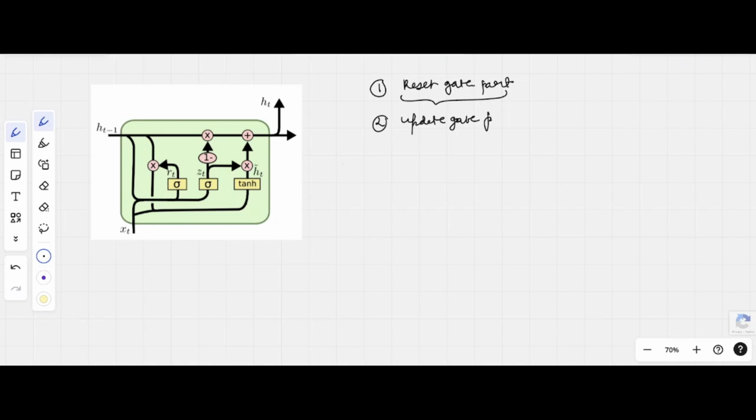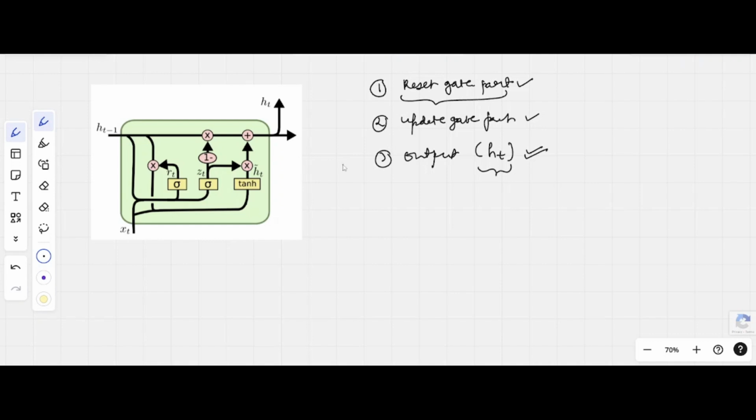And finally, we will see how the output is coming. And what's the output here? Hidden state that contains both the short-term context plus the long-term context. So we will see how the reset gate part is happening, then how the update gate part is happening, and how we are finally getting the output, right?